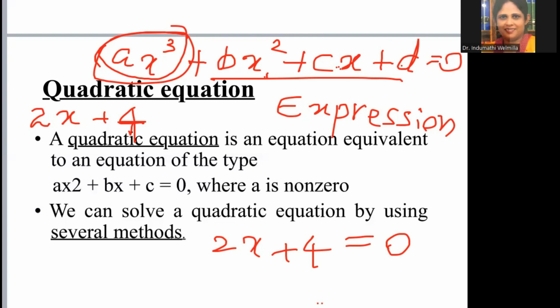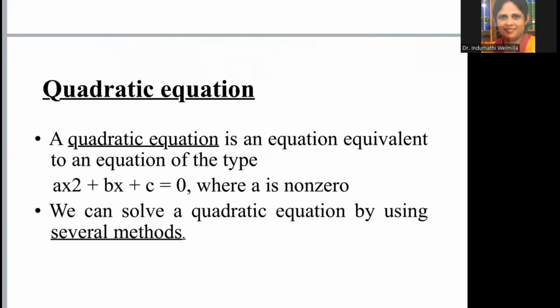Now we move into our major consideration in this lecture, the quadratic equation. The quadratic equation is an equation in which the variable is raised to the second power.